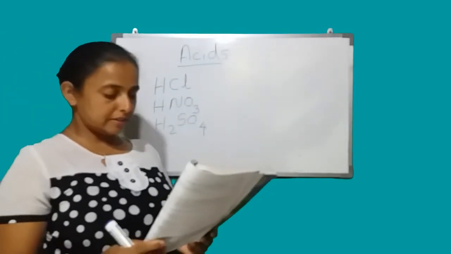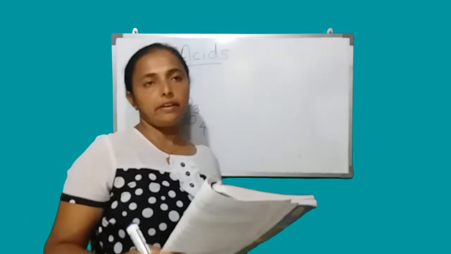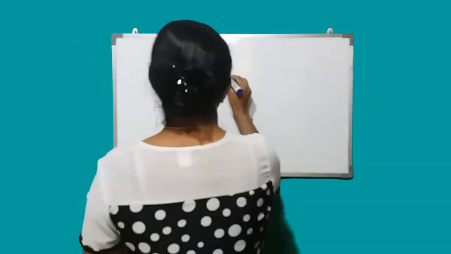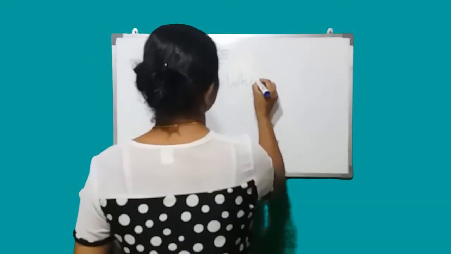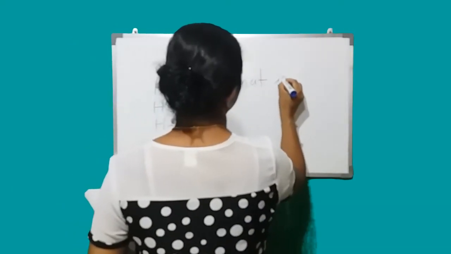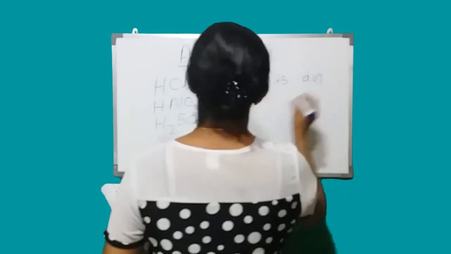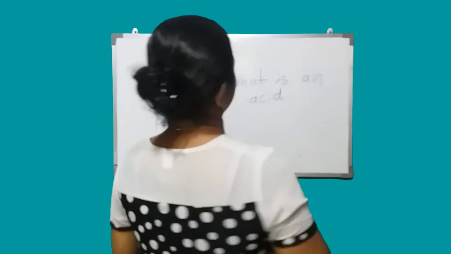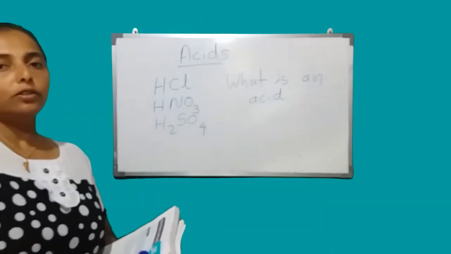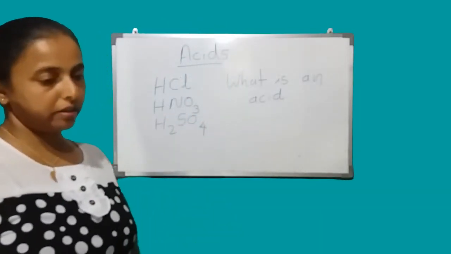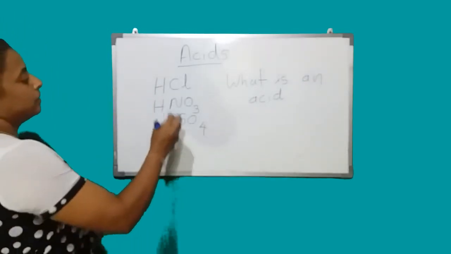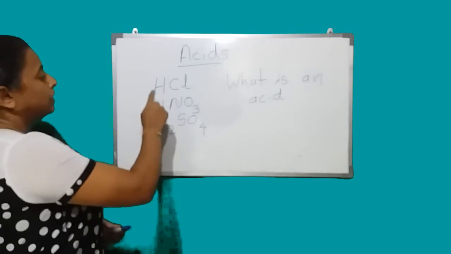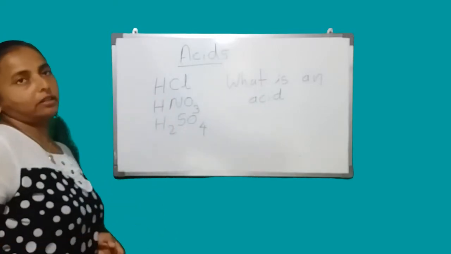Let us see what an acid is. You see here, there are 3 types of acid. All of these contain hydrogen ions.